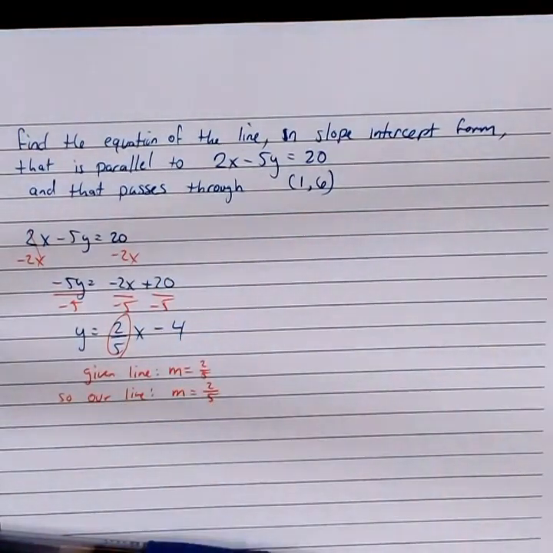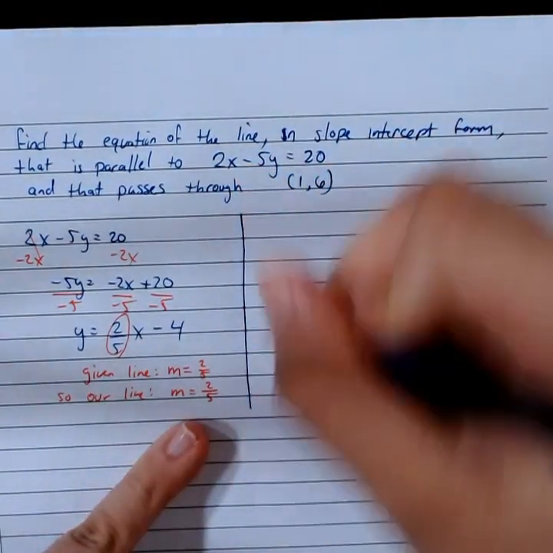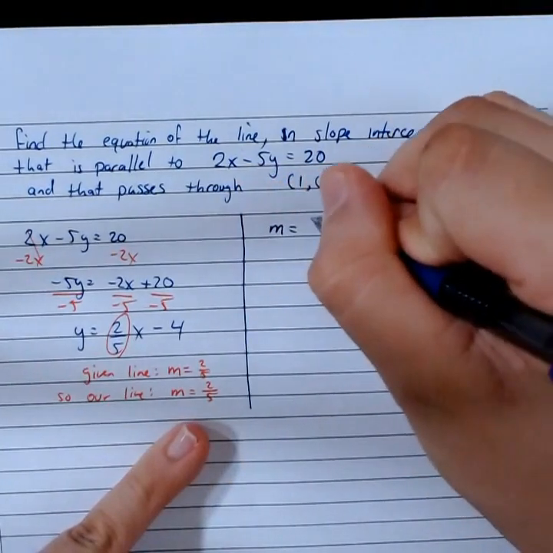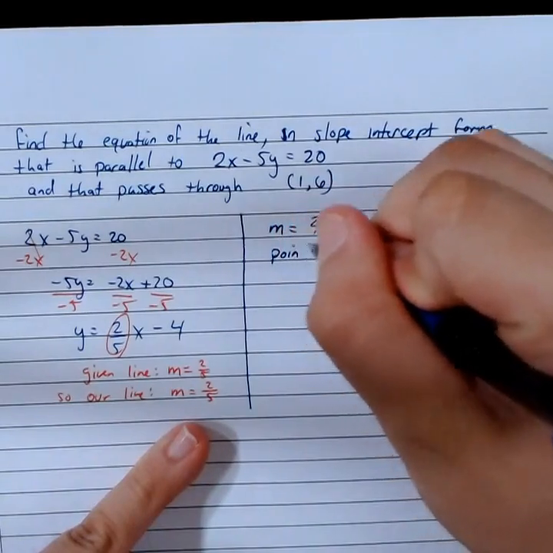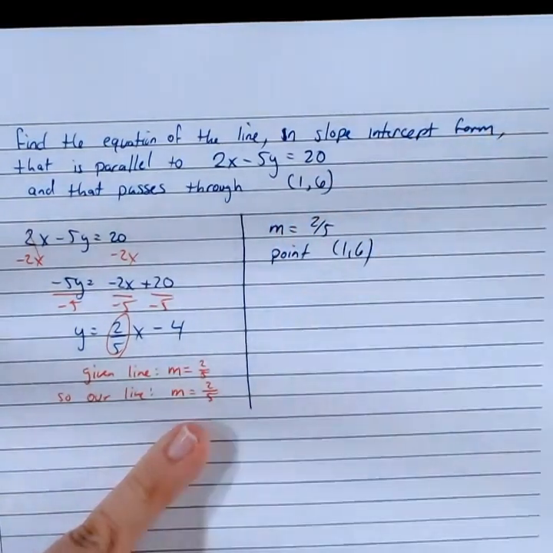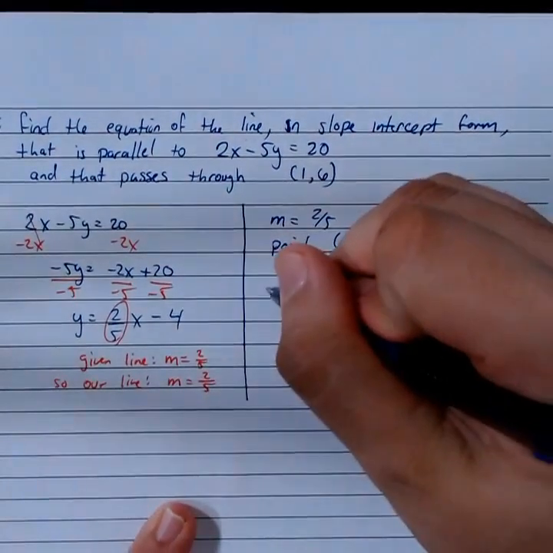Because they're parallel, their slopes must be the same. So now we have the slope of our line. But we also have a point, (1, 6). And so, if we have a slope and a point, now we can make our equation.